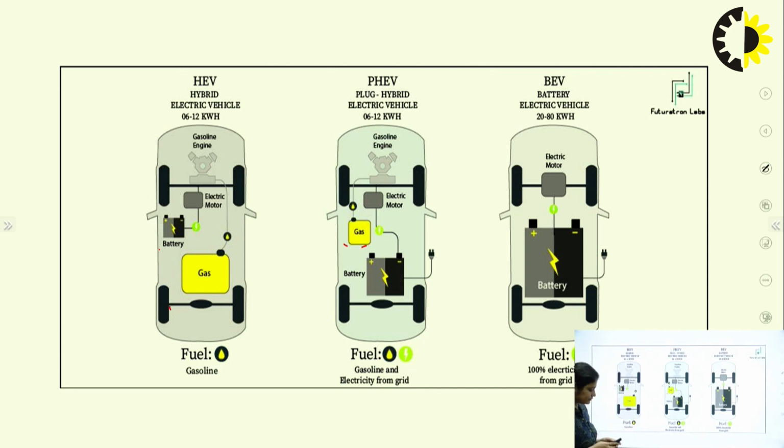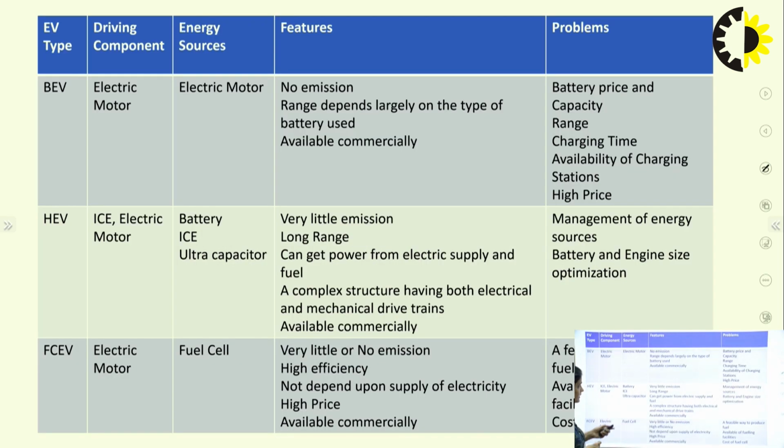So if we see the comparison, here we can see the battery electric vehicle: the driving component is the electric motor, and the energy source is the battery, and the feature is no emission, because only the electric motor is responsible to run the drive.